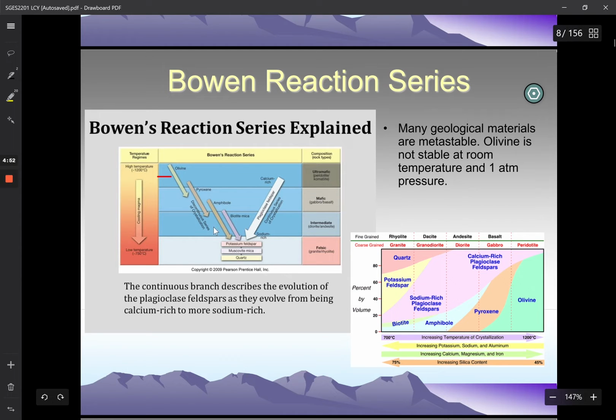So for olivine to form, you need an environment with high temperature. Similarly, you have pyroxene, which is stable at a temperature domain somewhere in between the temperature that favors olivine and the temperature that favors, for example, amphibole or biotite.